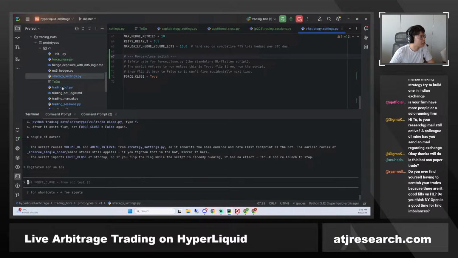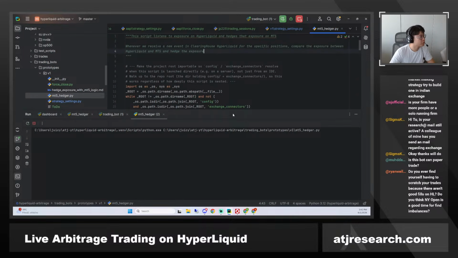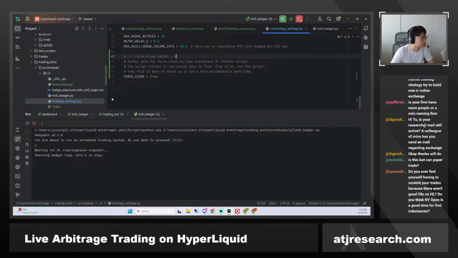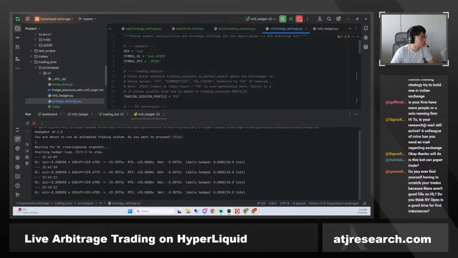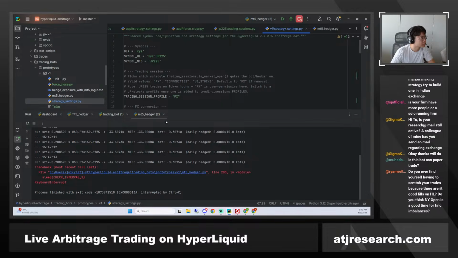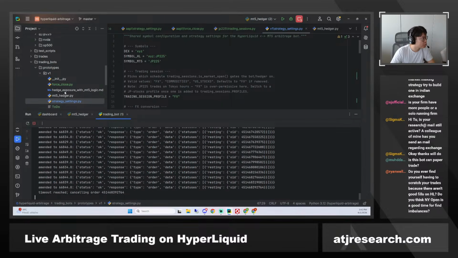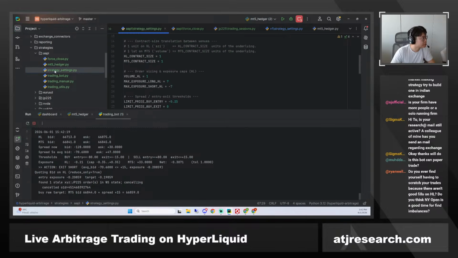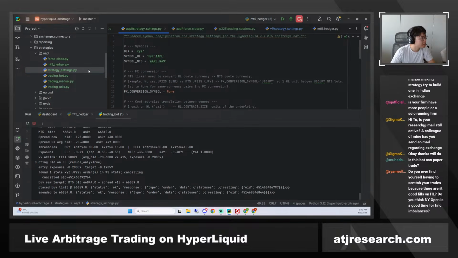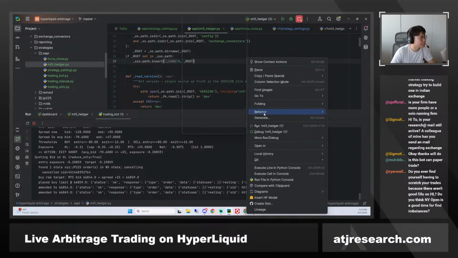So what I can do now is run this MT5 hedger, which hedges the Apple exposure, right? Oh no, almost made a big mistake. Should have gone to Apple. So here we have the strategy settings, and here we have the Apple hedger.